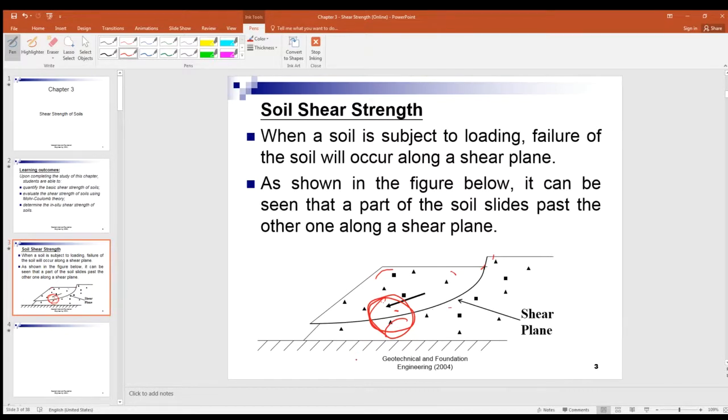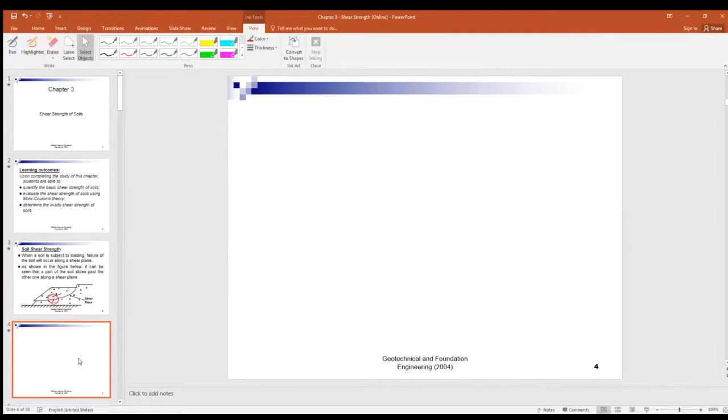We've learned a lot about how the steel bar will fail in tension, and also how concrete will fail in compression. But for soil, the failure could occur by shearing. So it's a soil.